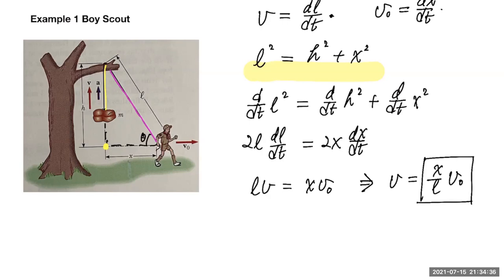Therefore, the package is going to go up essentially by 1 meter. So when L is quite long and theta is quite small, we say that v and v naught become roughly equal to each other. And that's exactly what you can see here. When x and L are almost equal to each other, I mean, x is always less than L. But when x and L are almost equal to each other, meaning theta is very small, then v is almost equal to v naught. Okay, so it makes perfect sense.